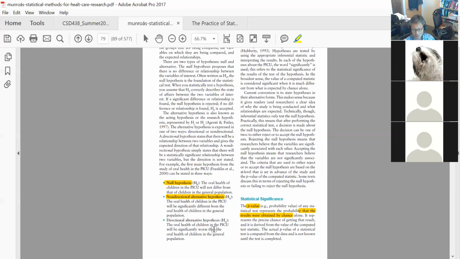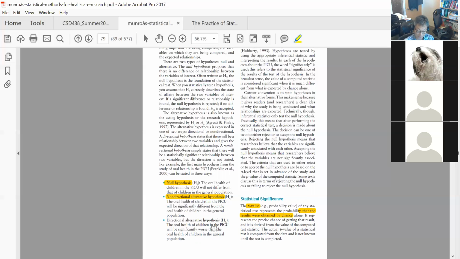You may want to say, in general, based on my research and this p-value, the null hypothesis should be rejected, which means I see a significant difference between certain two groups.